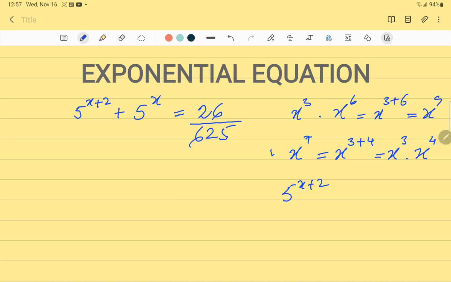Using this property or law of exponent, we can write it as 5 raised to the power x into 5 raised to the power 2.